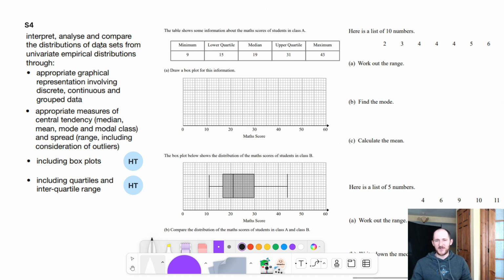You also need to be able to work out a bunch of averages and also plot box plots. So here are the box plots. How do you do a box plot? Easy. The only things you need are the smallest value, the biggest value, and the 3 quartiles. So here's how you do that. So again, you're going to draw a line at 9, a line at 15. I tend to make it a bit smaller just to make it a bit more obvious that it's a box. 19 is the median.